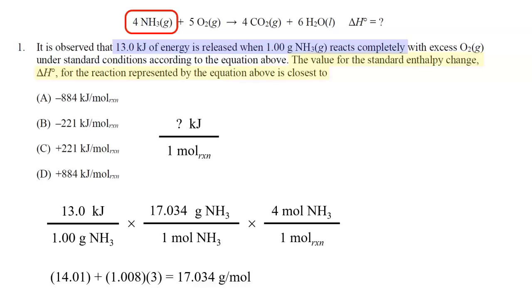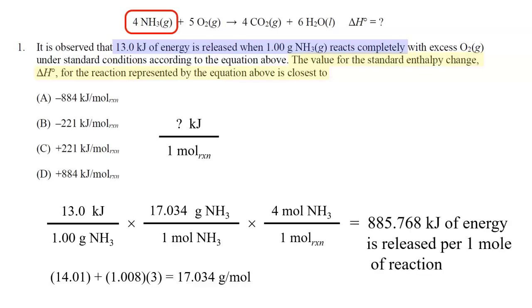So if I pick up my calculator, it would be 13 times 17.034 times 4. And when I do that math, I get a value of 885.768, and that would be units of kilojoules of energy released for every 1 mole of reaction.